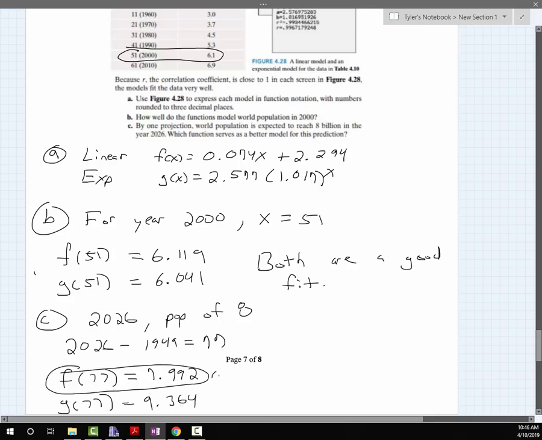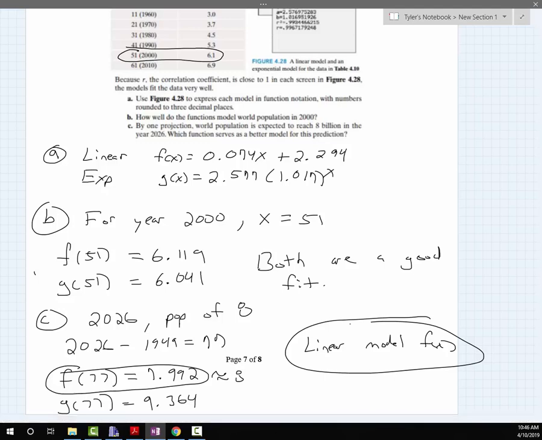This is approximately 8 billion, so the linear model does a better job. So the answer to part C is we would say the linear model f of x does a better job with that prediction. The exponential model is overestimating by about 1.3 billion, which is quite large.